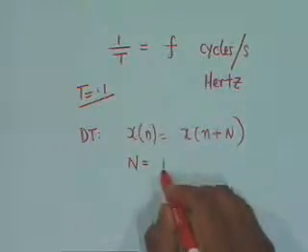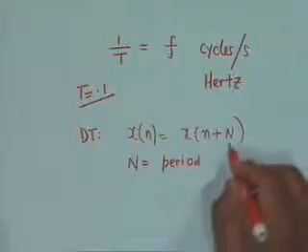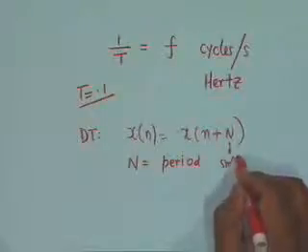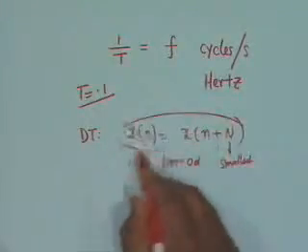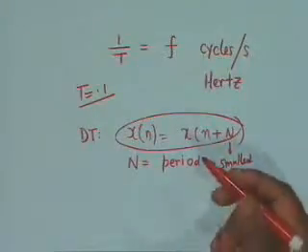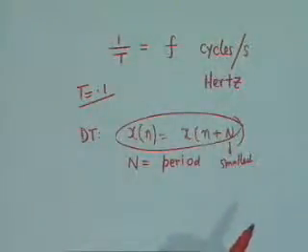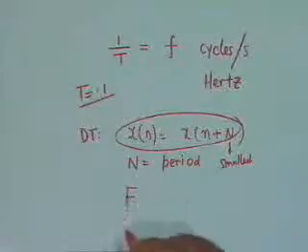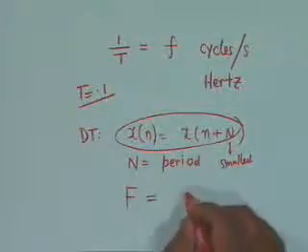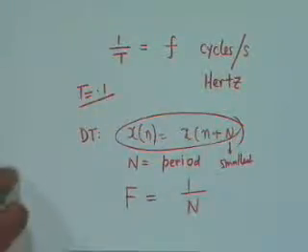Capital N will be called the period or the fundamental period if capital N is the smallest integer which satisfies this relation. And in consonance with the continuous time definition of frequency, we can define a frequency here also as 1 by N, but this requires a closer examination, and we shall come back to this later.